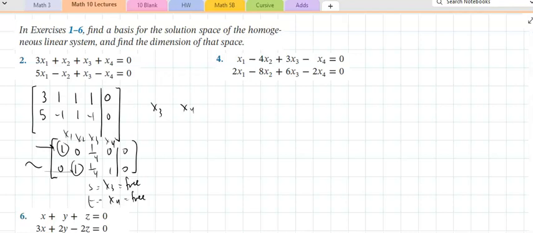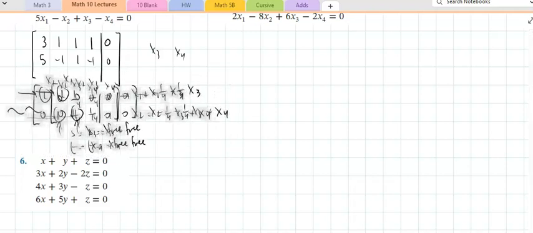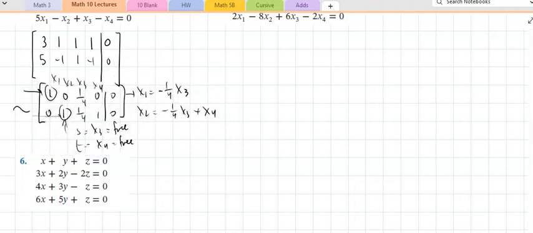Well, let's see. I know that x sub 1 is going to be negative 1/4 x3, and x sub 2 is going to equal negative 1/4 x sub 3 plus x sub 4. So let me just reset this a bit. I'm not going to be using the notation in the book. I'm going to say x3 is x sub 3 and x sub 4 is x sub 4.